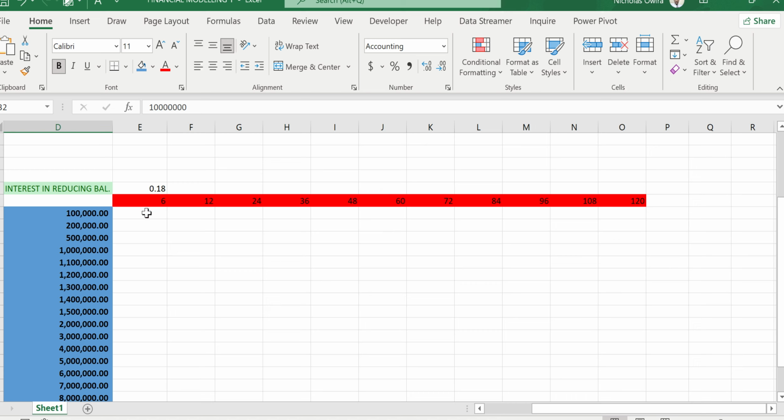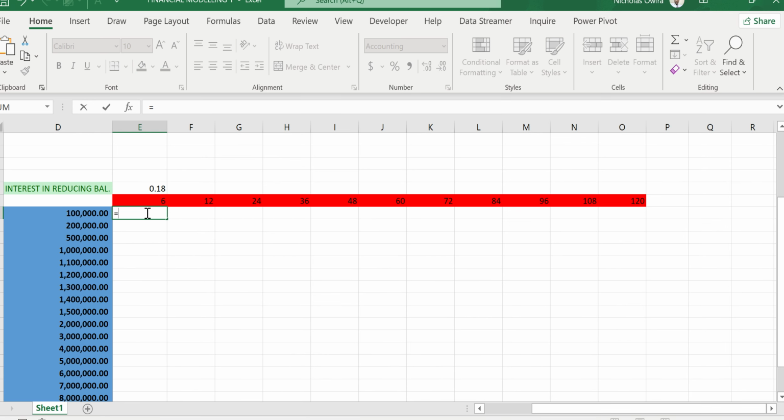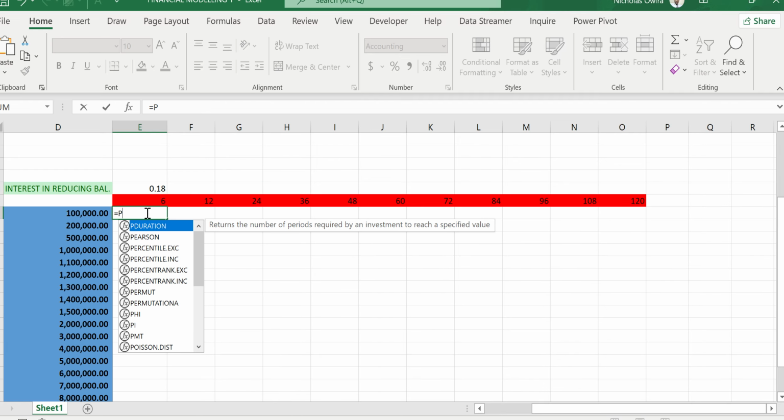Now, the very first thing that I'm going to do, I'm going to type into that cell, then equal sign. There is a function that we use whenever we are modeling an amortization schedule, and that is what we call the PMT. First, let us see what a PMT does.